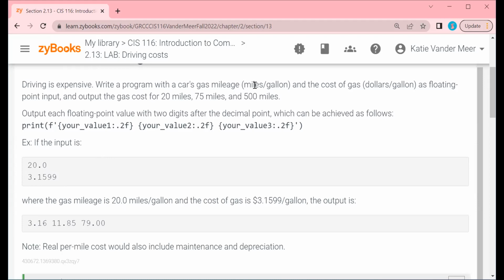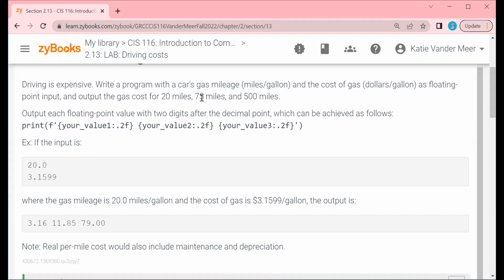So miles per gallon and dollars per gallon. After 20 miles, that's going to cost $3.15. So that's your first output.